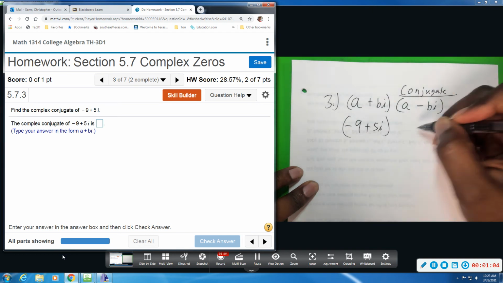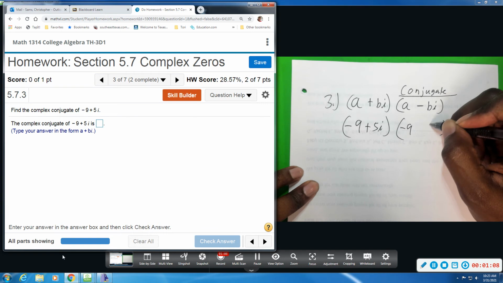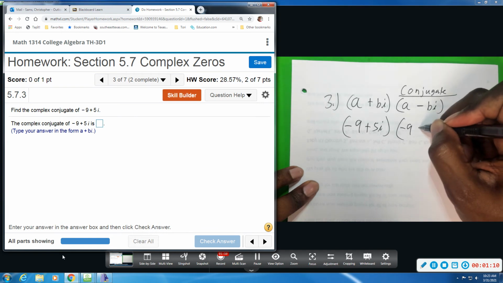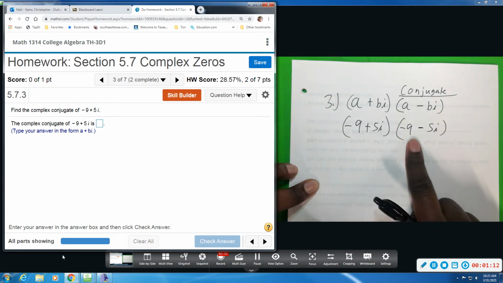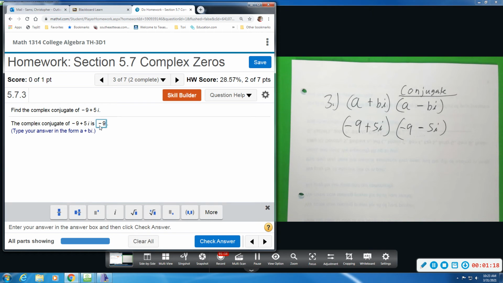Okay, so for the conjugate, we're going to do the same terms, negative 9 and 5i, and we're just going to change the sign in the middle. So this is the complex conjugate: negative 9 minus 5i.